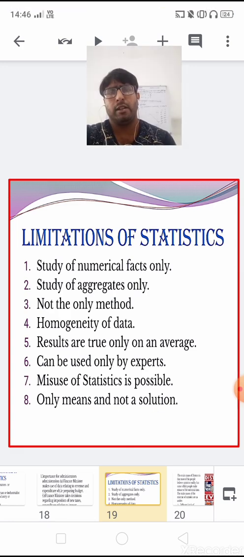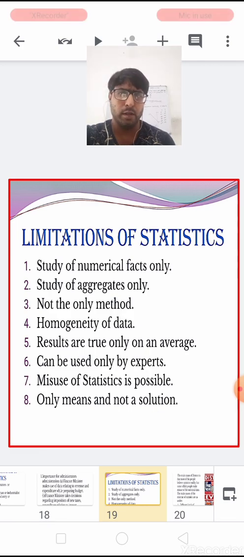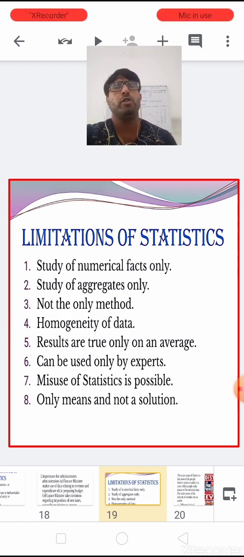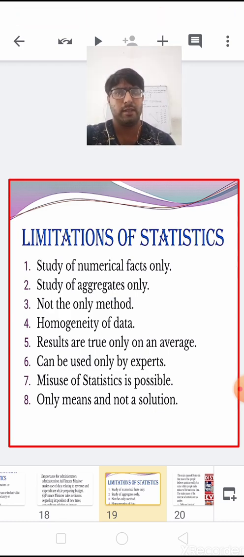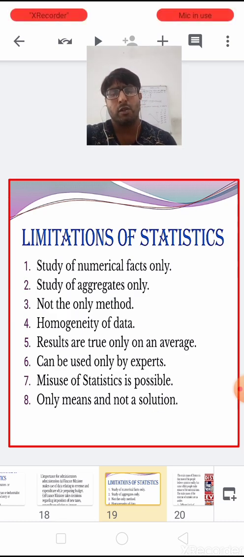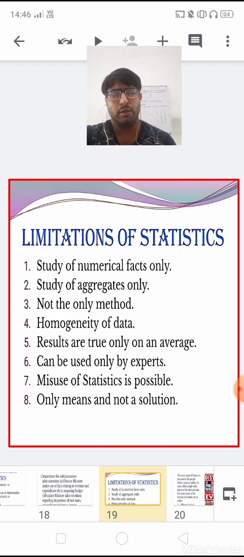So children, the technical statistics are not simple to be used by any layperson. The techniques can only be used by the experts, as they are very complicated in nature. Next, statistics is only a means and not a solution.